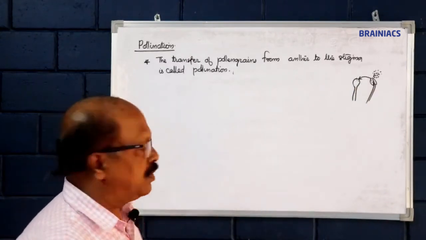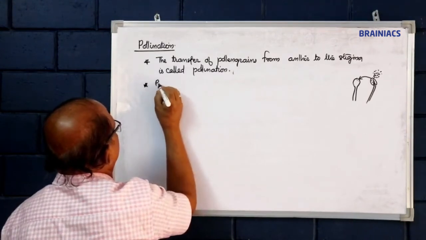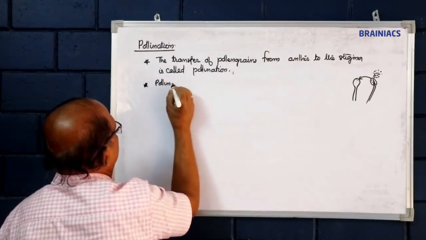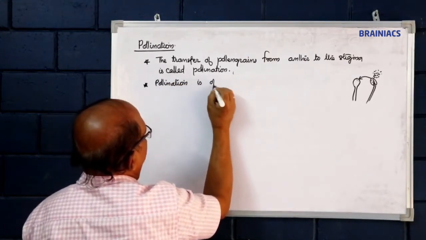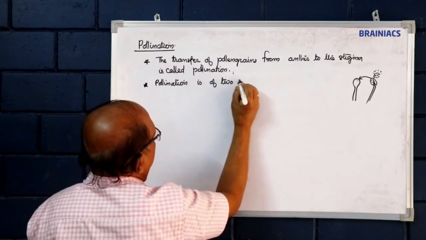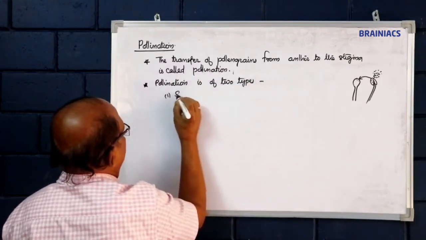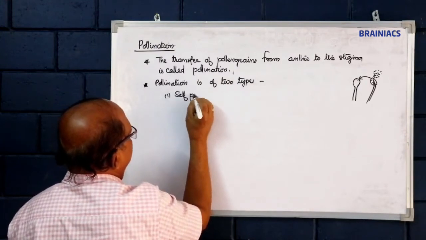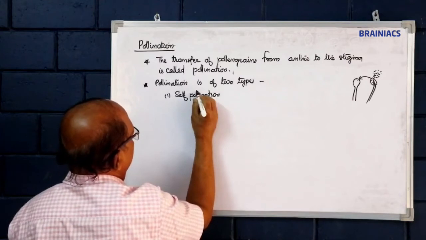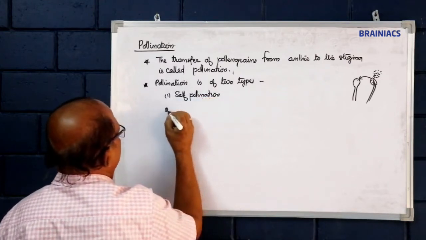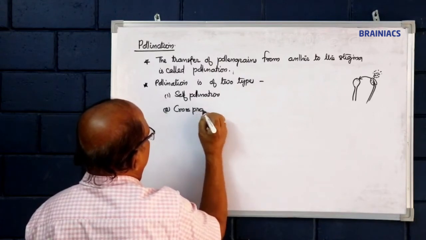Pollination is of two types, namely self-pollination and cross-pollination.